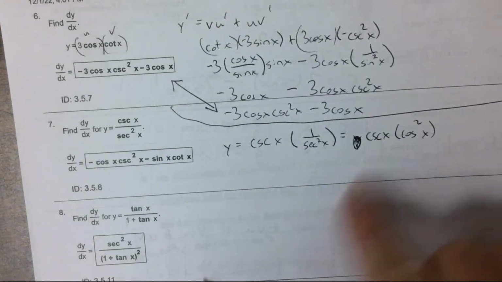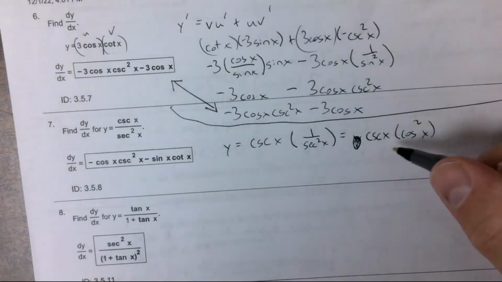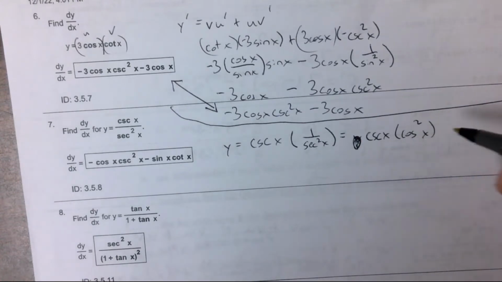Now, let's continue. Cosecant is 1 over sine, and again, we have cosine squared x.